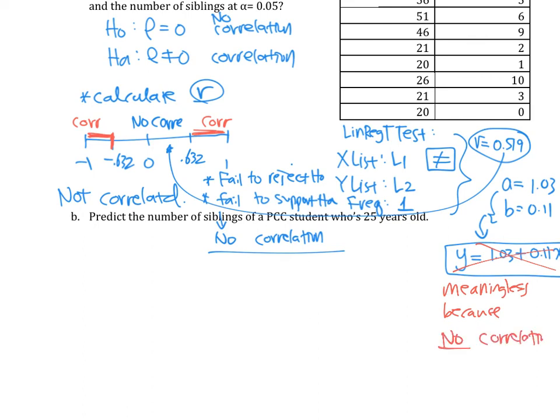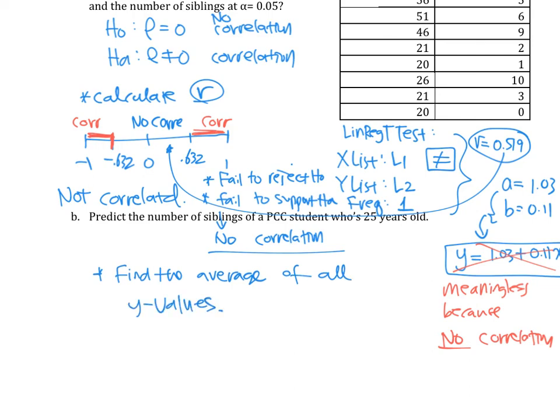So I'm just going to ignore that equation even though your calculator gives it to you. How do I predict the number of siblings for this person who's 25 years old? I can ignore the age, even though this person is 25, because it doesn't influence how many siblings you're going to have. Basically, find the average of all y values.